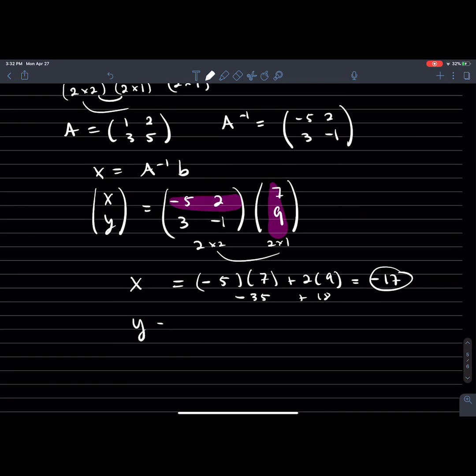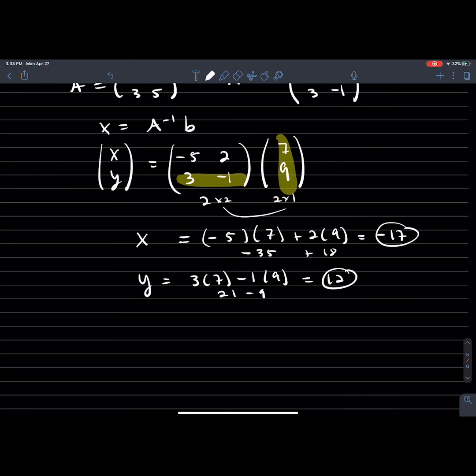And my Y, second row, first column, is 3 times 7 minus 1 times 9. That's the dot product of those two vectors. And that's 21 minus 9, which is 12, I believe. Yeah, 12. So there's our answer.